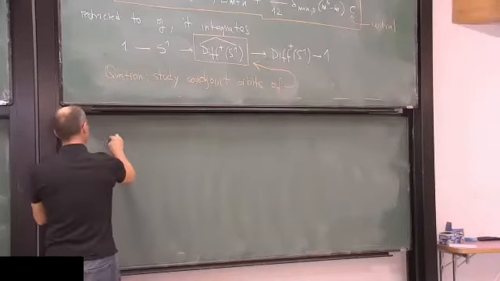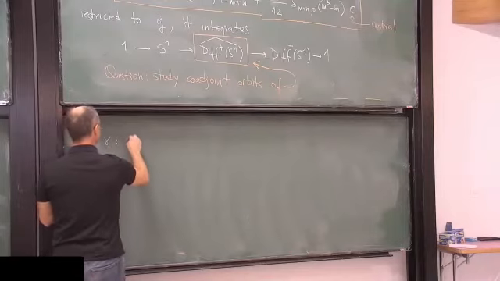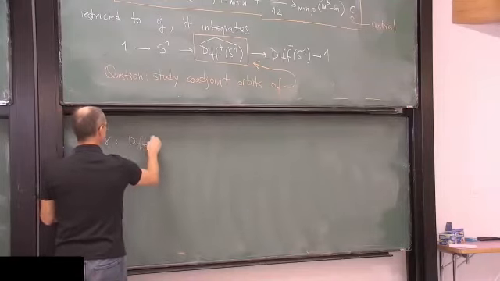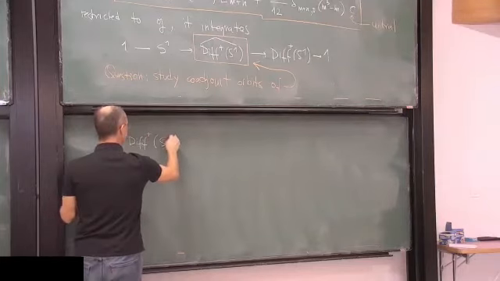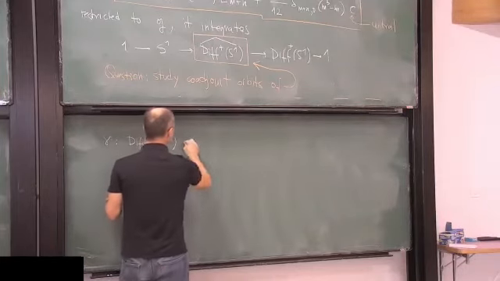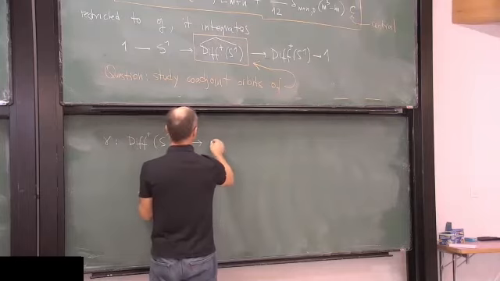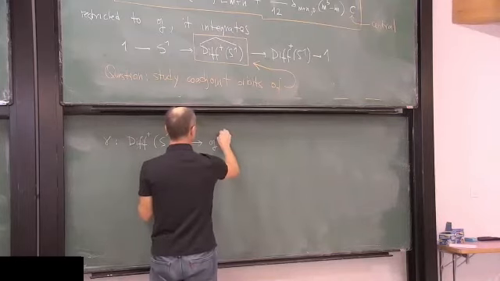Gamma is supposed to be a map from Diff plus S1, and it should be sending it to G star, right?